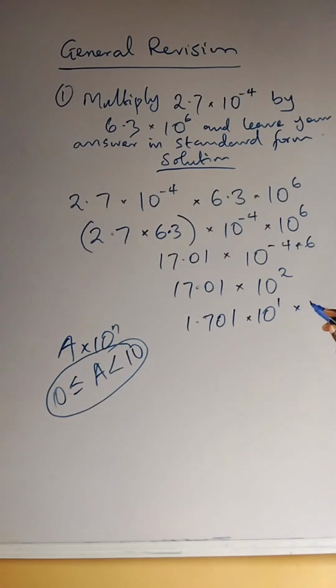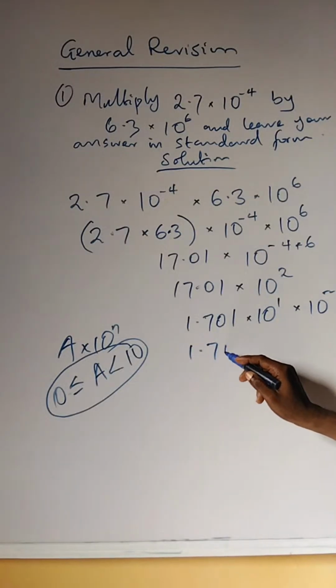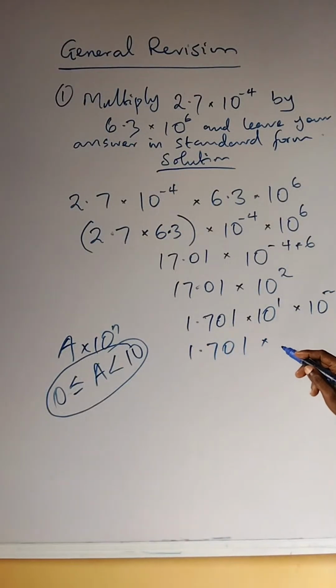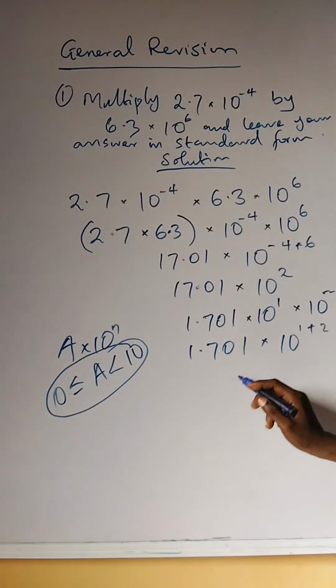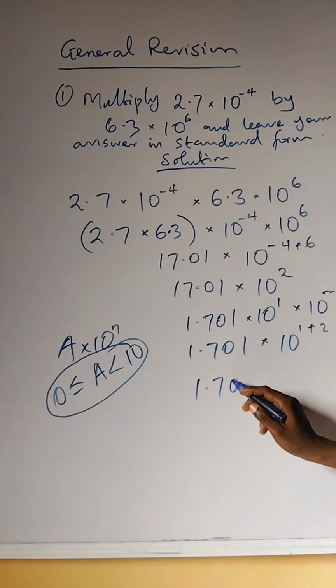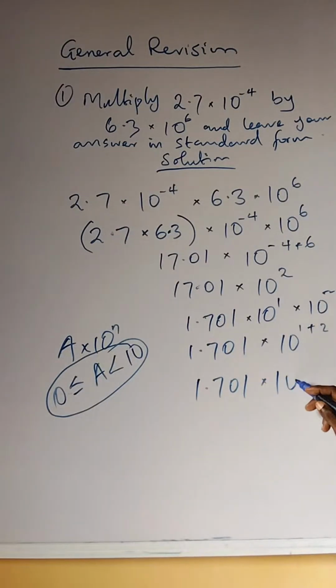And we already have 10 raised to the power 2 here. That becomes 1.701 times 10 raised to the power 1 plus 2, according to the law of indices. And we have 1.701 times 10 raised to the power 3. So we have already multiplied these numbers and put the answer in standard form.